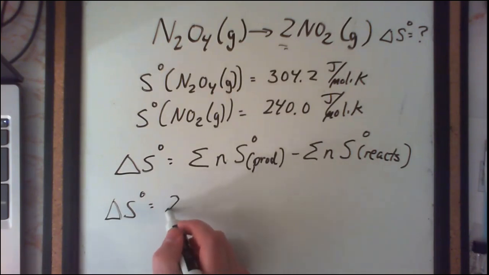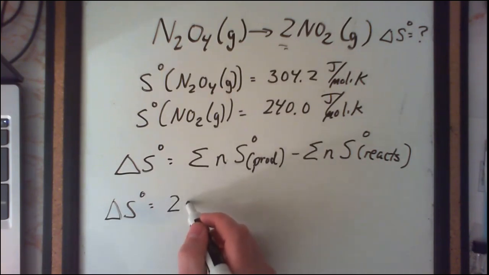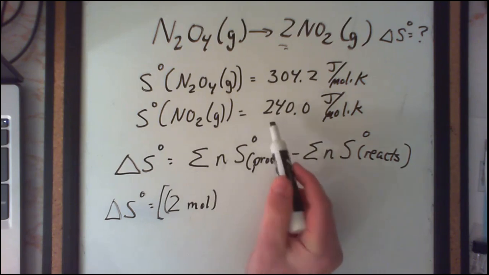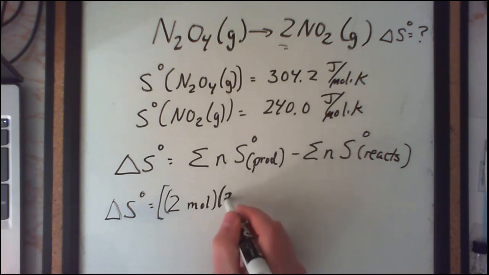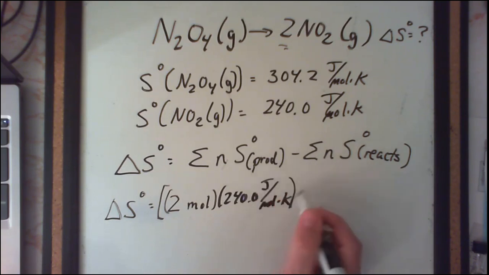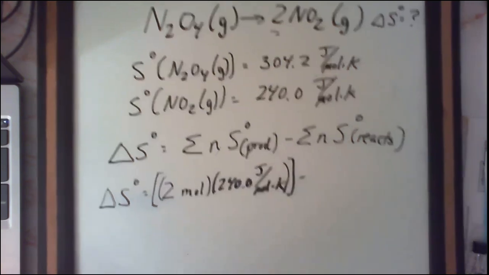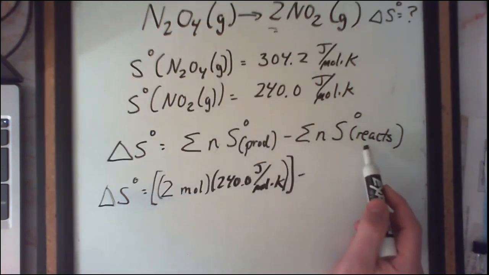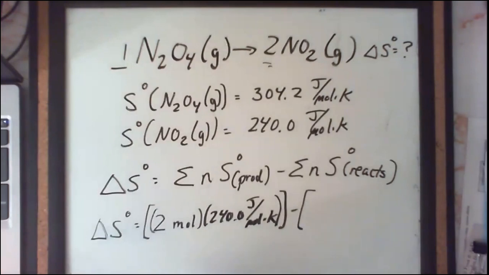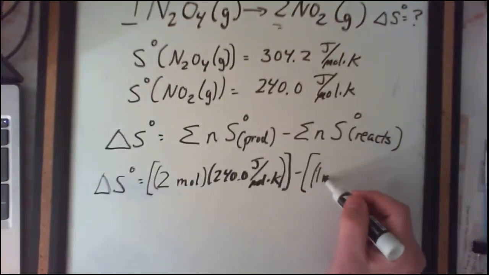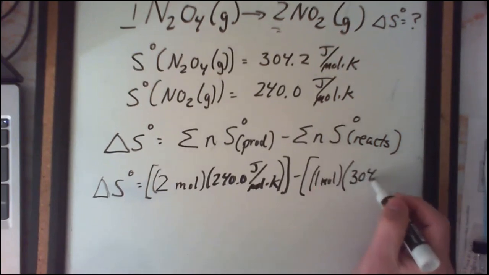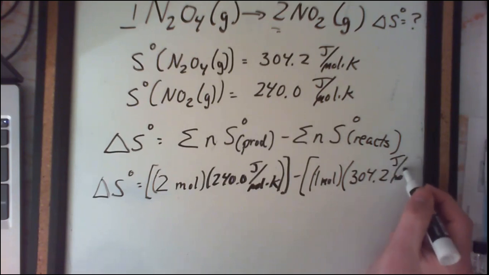So we have 2 moles of NO2 times its molar entropy, 240.0 joules per mole Kelvin, minus the sum of the number of moles of reactants times their respective molar entropies. So we have 1 mole of reactant times its respective molar entropy, which is 304.2 joules per mole Kelvin.